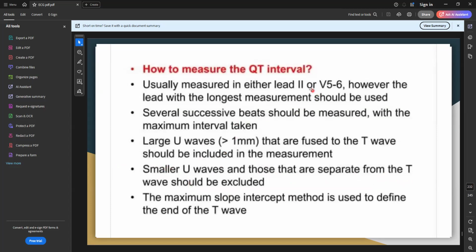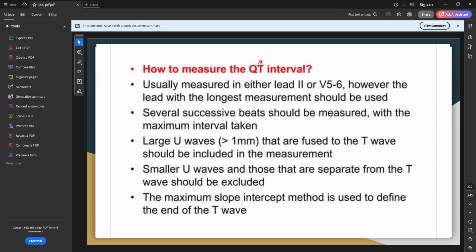It is usually measured in lead 2 or V5 and V6. However, whether it is in lead 2, V5 or V6, the longest measurement should be considered. Whenever you are measuring the QT interval, several successive beats have to be measured.